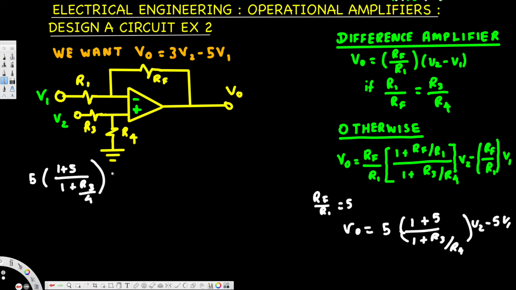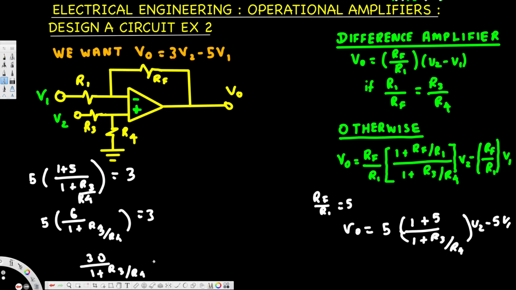So 5 times 6 divided by (1 plus R3 over R4) should be equal to 3. Multiplying this 5, we get 30 over (1 plus R3 over R4), and that must be equal to 3.